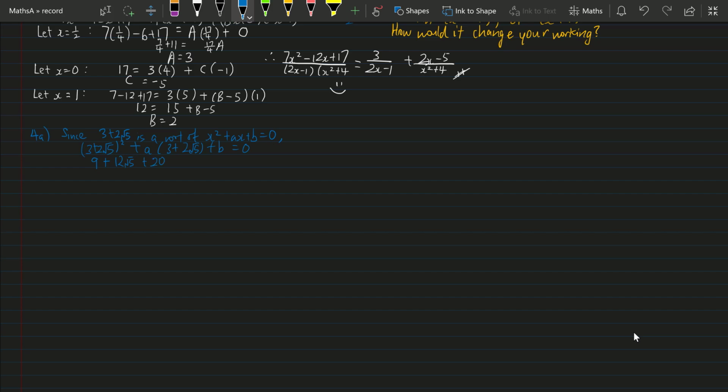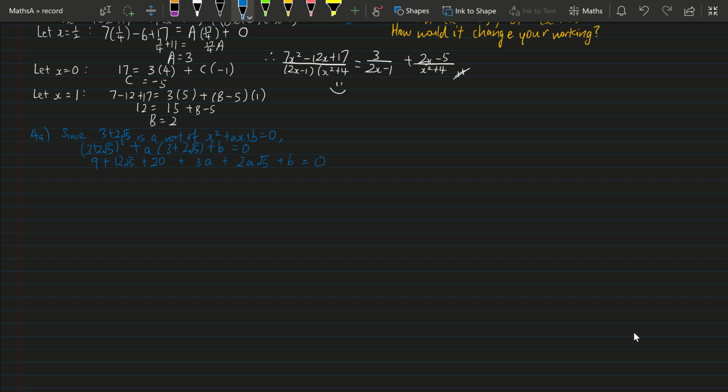So be careful with the square here, okay? 2 square root 5 when you square it, 2 squared is 4. Square root 5 when you square it, you get 5. So that's why 4 times 5, we get 20. Plus 3a plus 2a square root 5 plus b. This is equal to 0.